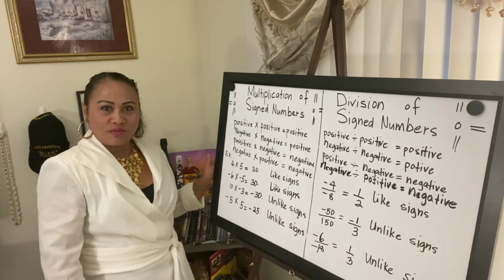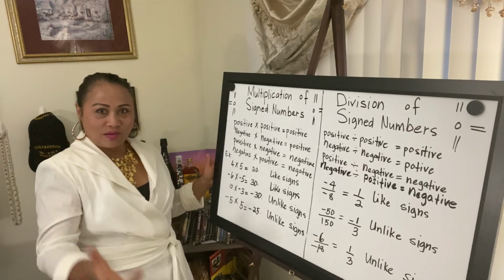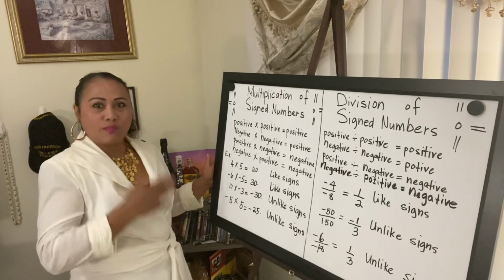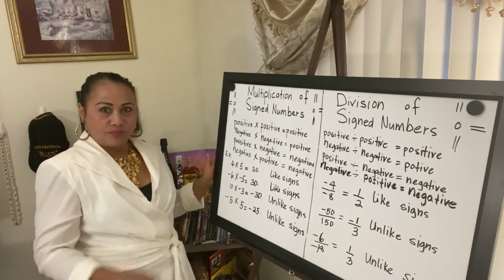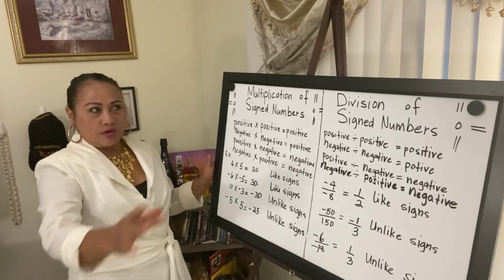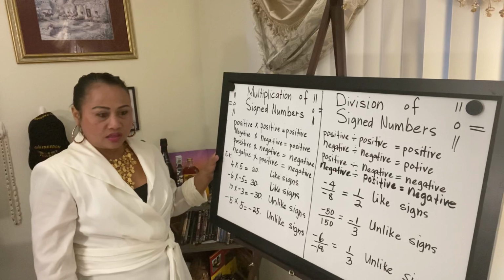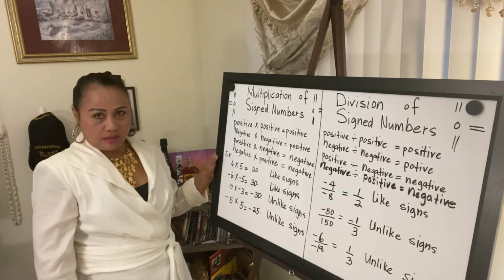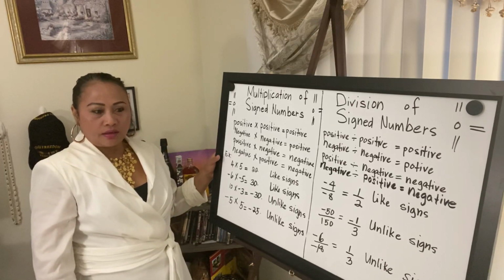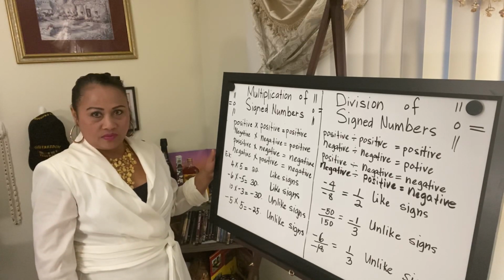Negative times negative equals positive. Negative times positive equals negative. Positive times negative equals negative. Or, if you just bear in your mind, multiplying like signs is always positive. Multiplying unlike signs is always negative.